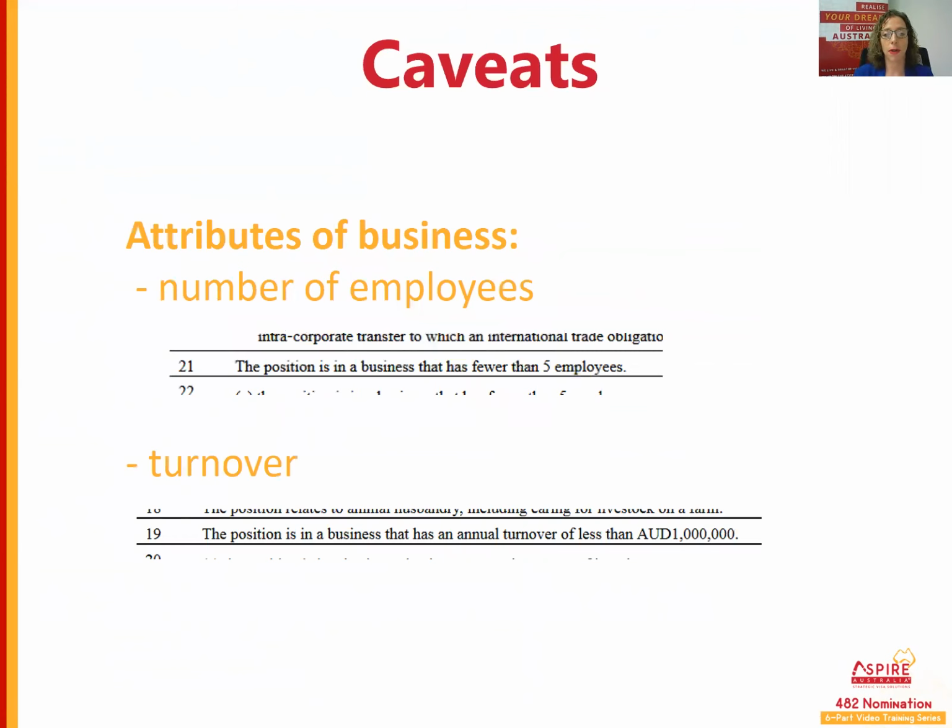Caveat 21 indicates that the business should have at least 5 employees. There are also caveats on the turnover. Caveat 19, for example, indicates that the business should have a minimum turnover of $1 million. If your business does not meet these thresholds, then you will not be able to proceed with the nomination.